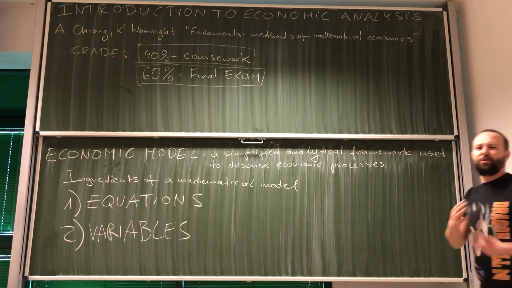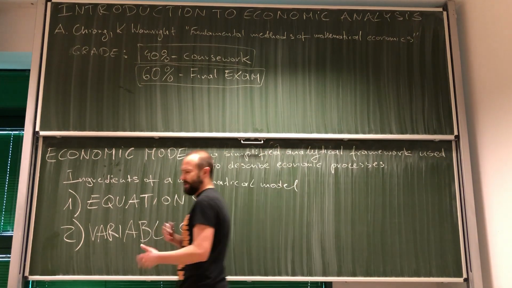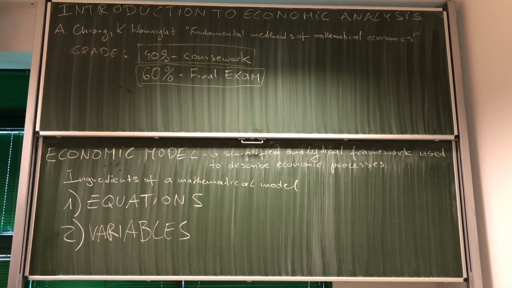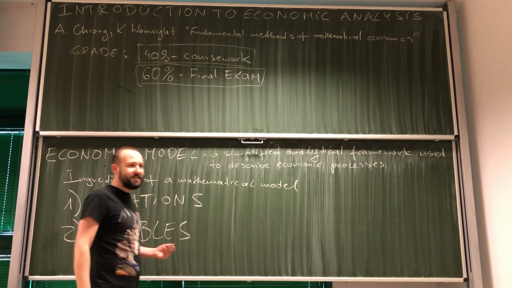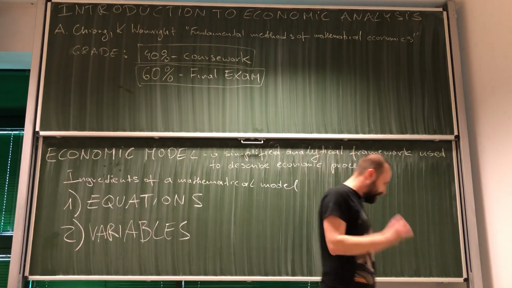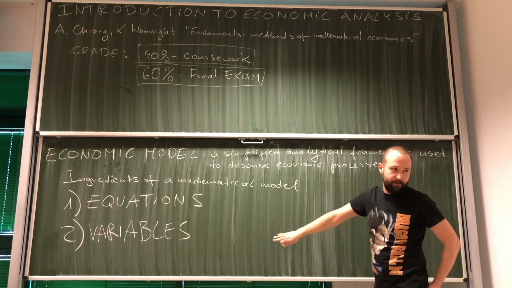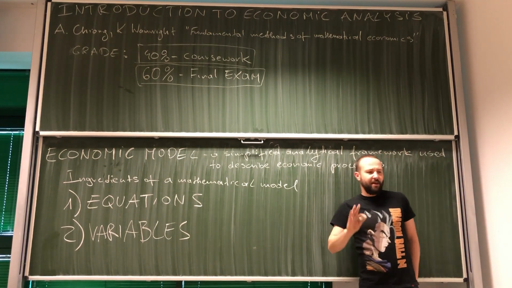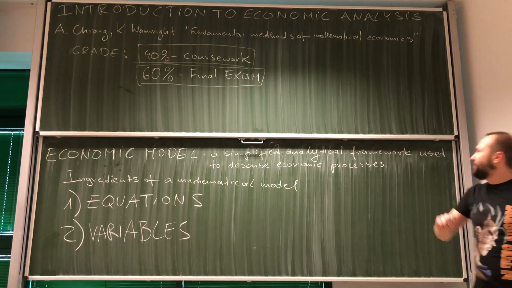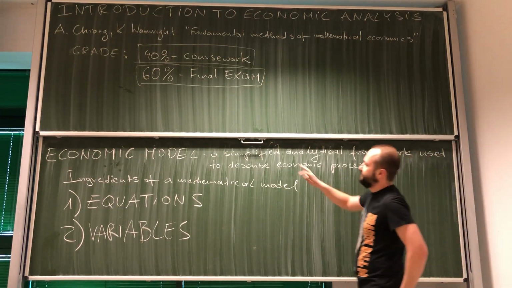We're going to be doing a lot of examples, going step by step, from easier to more and more complex cases, but in this video, we're just going to learn a little bit about those ingredients, so about equations and variables, and then we're going to talk a little bit about the equilibrium, but this is for the end.